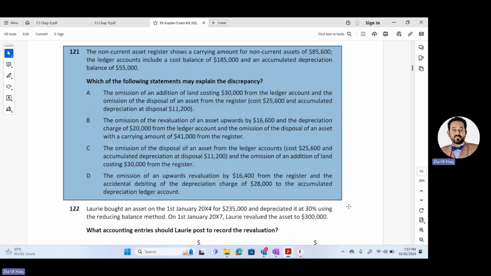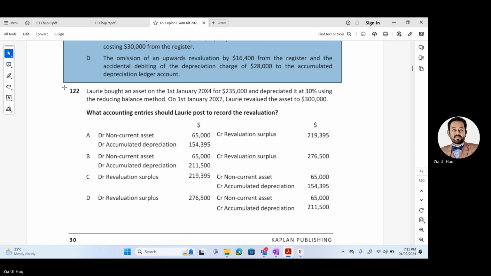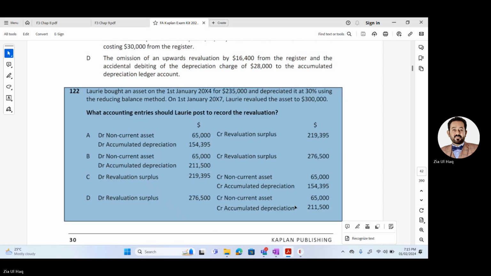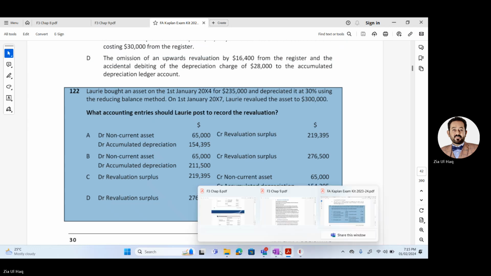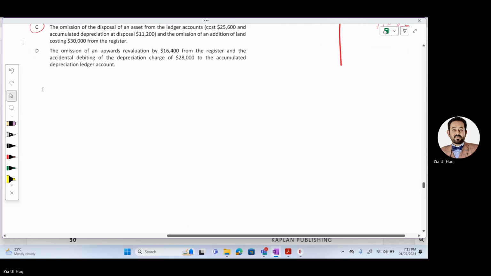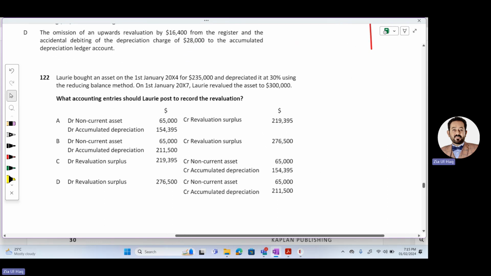Let's move towards the next one. Lorry bought an asset on 1st January 20x4 for 235,000 and depreciated it at 30% using the reducing balance method.